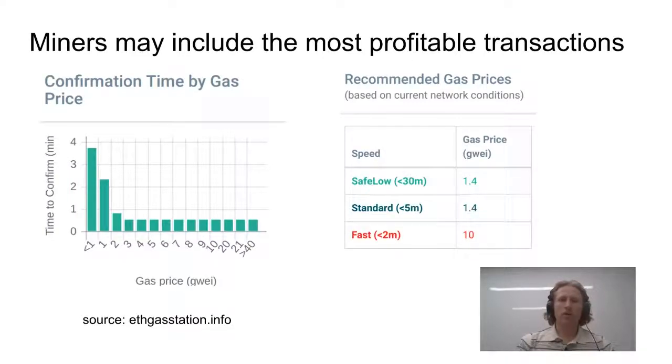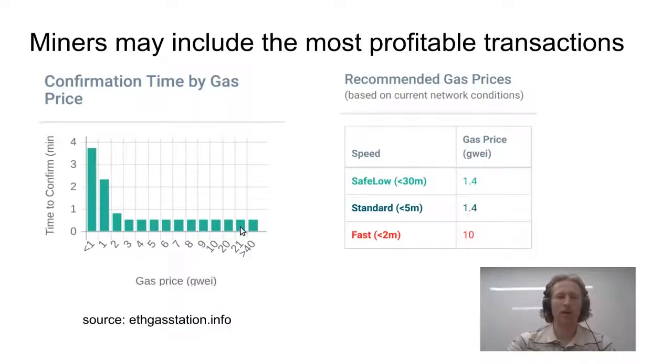When miners are looking at which transactions they want to include in their blocks, they can include whichever transactions are the most profitable to them. Usually that means they'll include whichever transactions are willing to pay the highest gas price. There are a couple of websites that will show you statistics for this. Here are some that I just pulled from ethgasstation.info. You can notice that the confirmation time is much higher if you're paying a lower gas price.